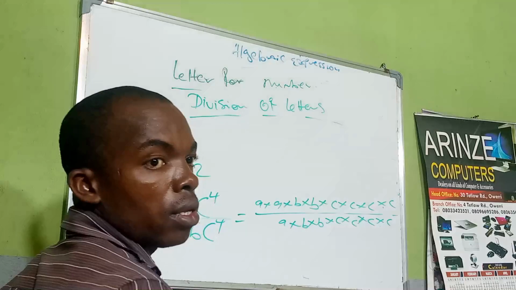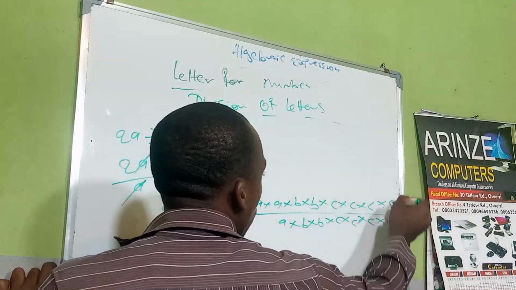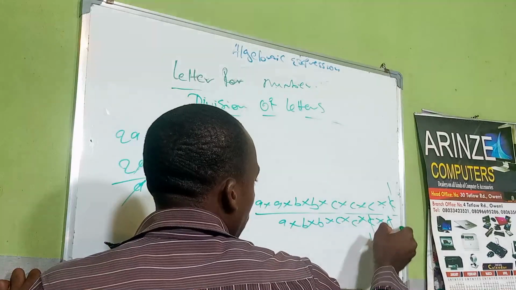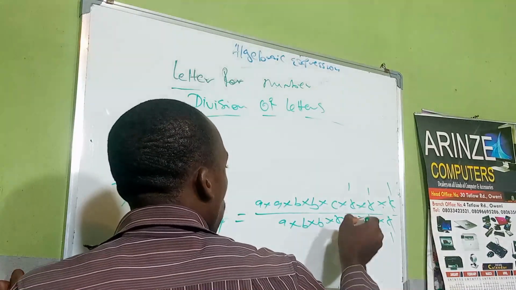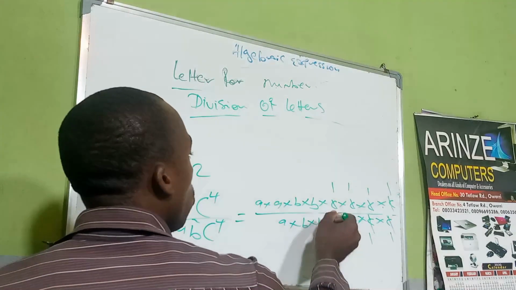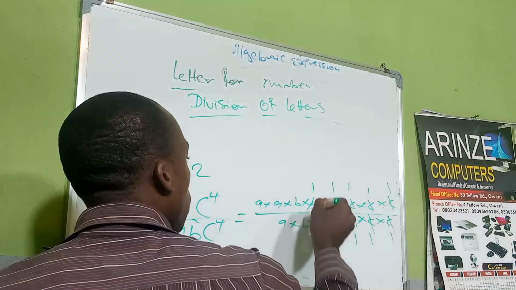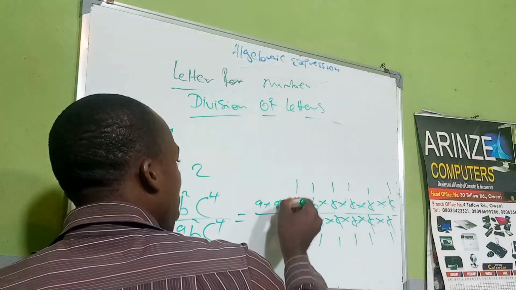Do you understand? Now here, this C we divide this set to give 1, and so on for each C, giving 1 each time. Then B we divide to give 1, each time. Then A we divide to give 1.